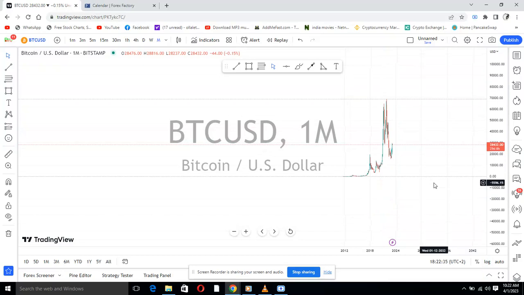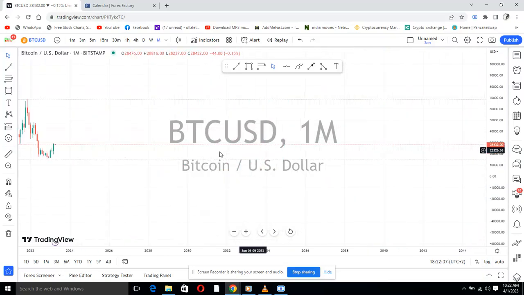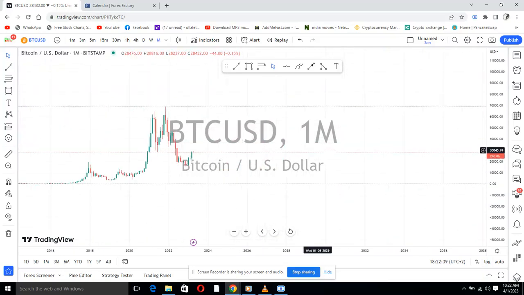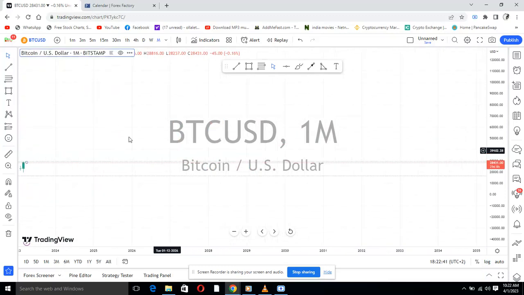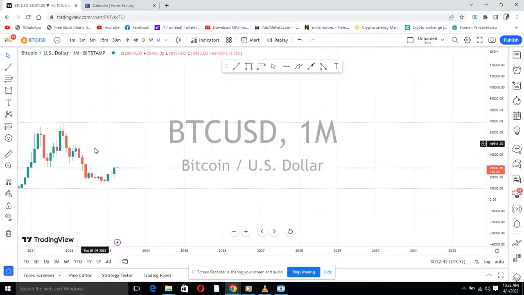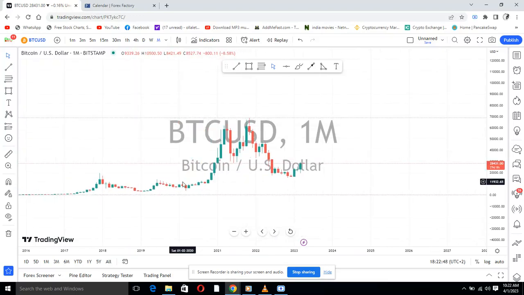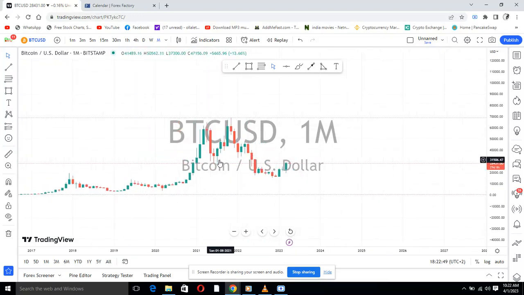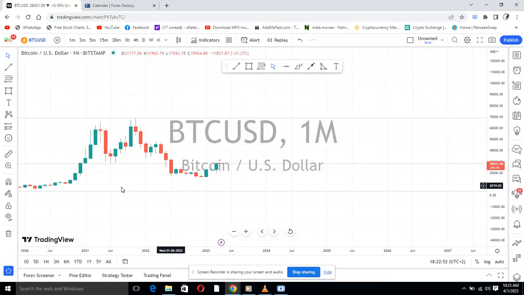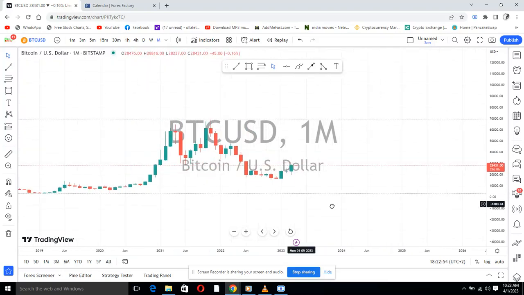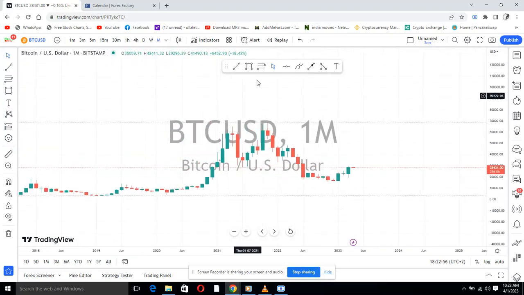What I have on my monthly time frame is this. You agree with me now that Bitcoin did one kind of formation which is very relevant. If you are using support and resistance, to those of you I teach how to trade support and resistance, let's see this using a different approach.